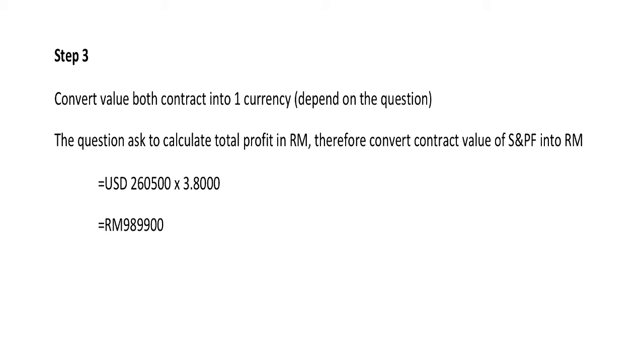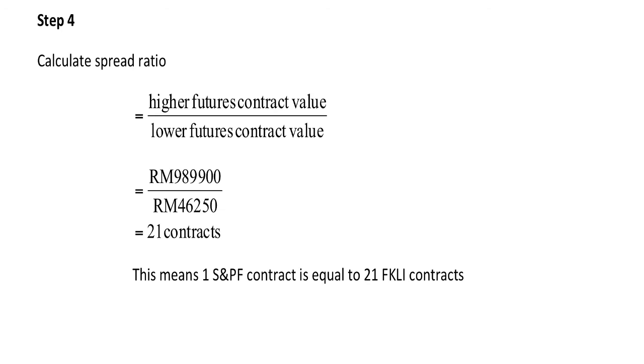So USD 260,500, the value of contract from the previous step, times exchange rate 3.8 ringgit. So the value of S&P in Ringgit Malaysia is 989,900 ringgit.